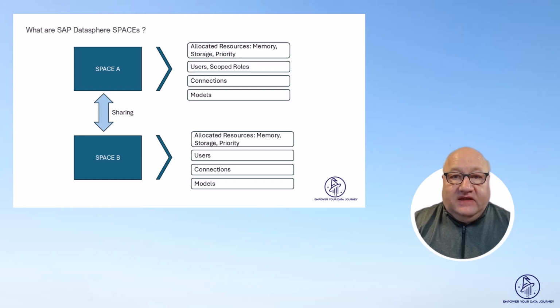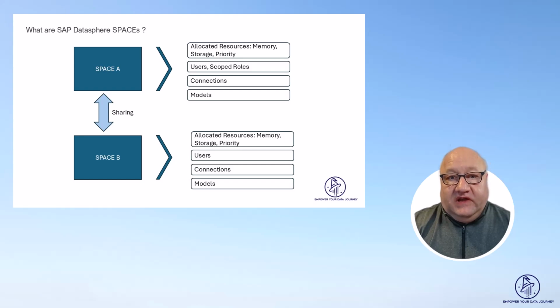Think of a space as a controlled environment designed to meet specific project or business requirements. Some of the key characteristics for spaces are isolation, resource management, connections, user access control, and the ability to share objects.